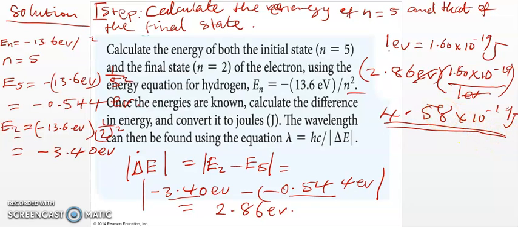The last step, remember the question says after we have converted this into joules, we need to find the wavelength, which can then be found using the equation. So we are going to use the equation lambda is equal to hc divided by the magnitude of the change in energy.